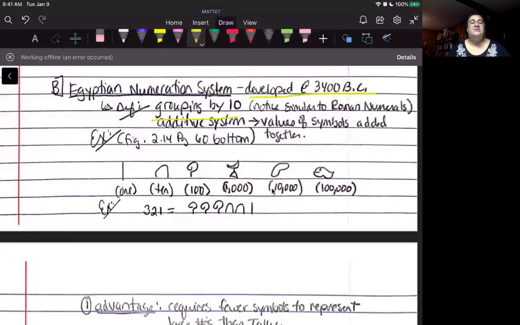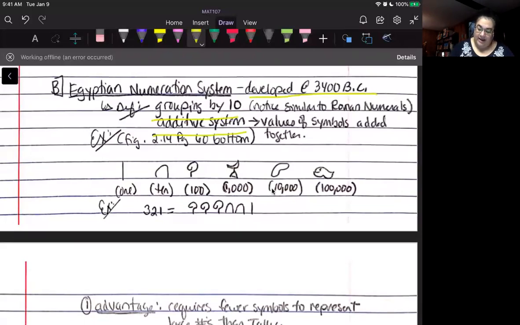But they grouped them similarly in the system they used was a lot like the Roman numeral system, which we will actually be looking at a little bit later on, okay? And they had what's called an additive system, meaning that the values of the symbols add together. This is the case for the Roman numeral system as well, okay?